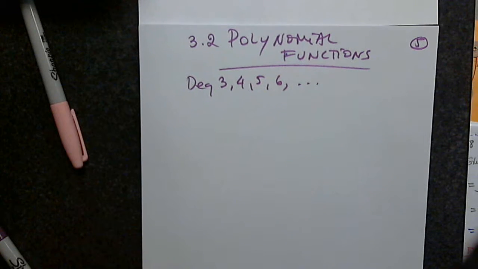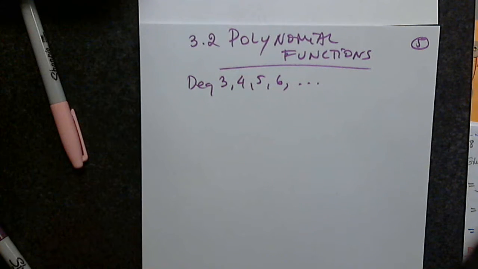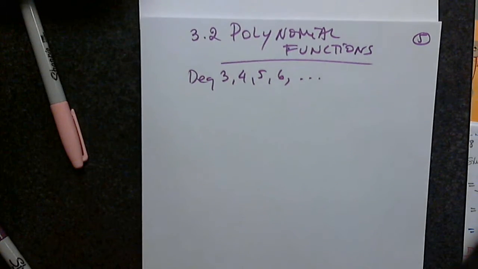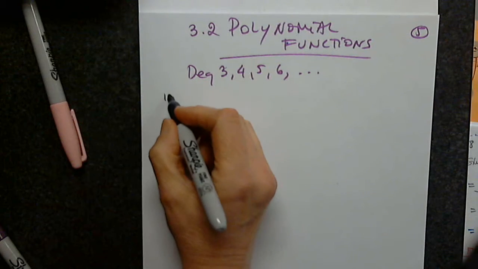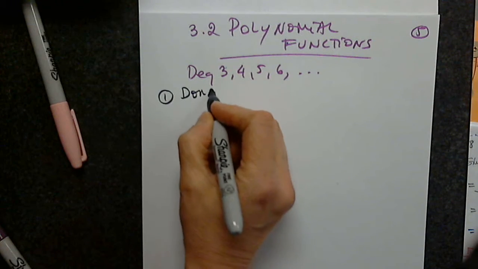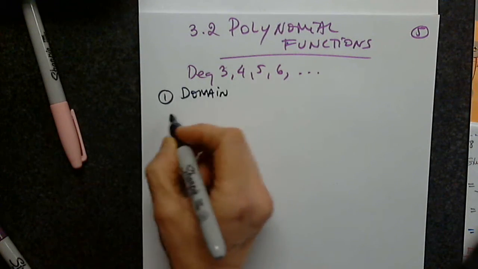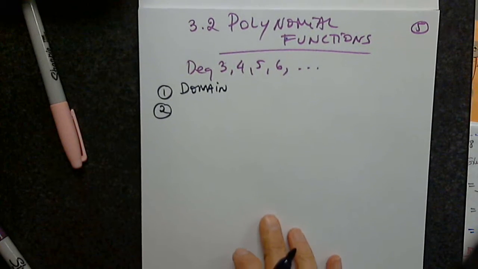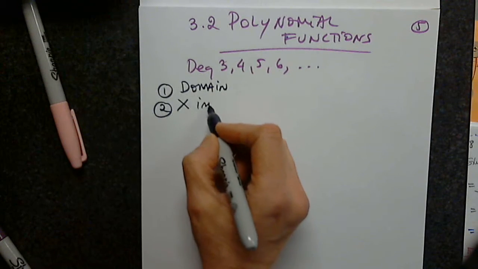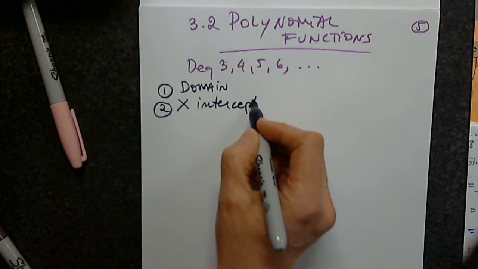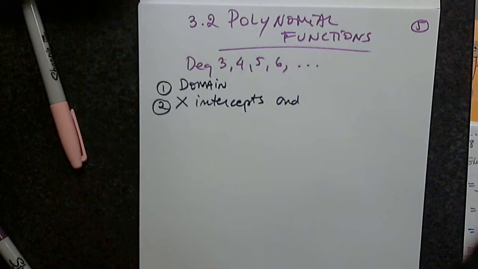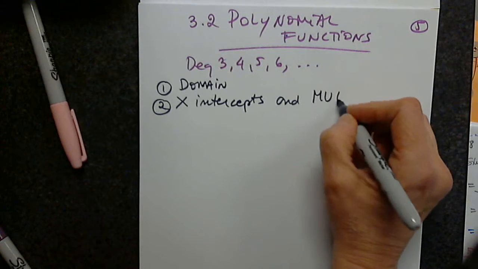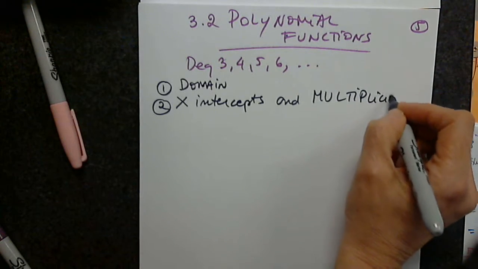There is a long list of things that we have to look at. So I'm going to list them, and then we'll go through all these with different problems. Number 1, domain. Number 2, x-intercepts, and this is a word we have not used before, multiplicities.